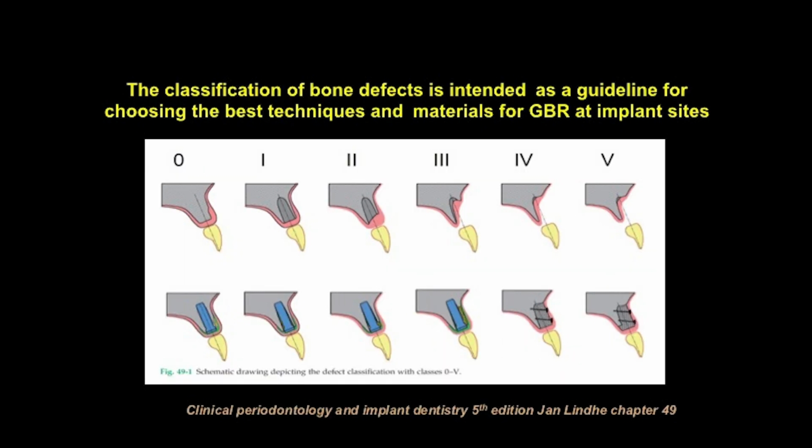Another classification was mentioned in the book Clinical Periodontology and Implant Dentistry by Lindhe. It classifies defects into 5 groups, and with this classification you can decide what type of treatment you will provide the patient. It's a very profound, really meticulous classification, which I personally like to use as well as the Seibert classification.